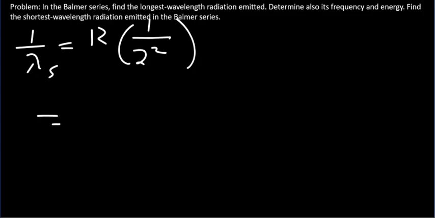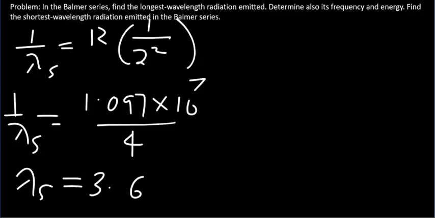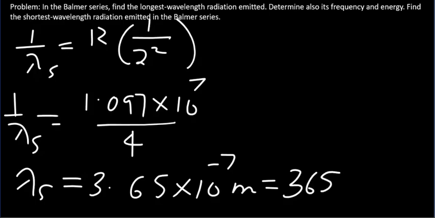The Rydberg constant, 1.097 times 10 to the power 7, divided by 4, is 1 over lambda short. So the shortest lambda is 3.65 times 10 to the power minus 7 meter, or in nanometers, 365 nanometers. And that solves the problem.